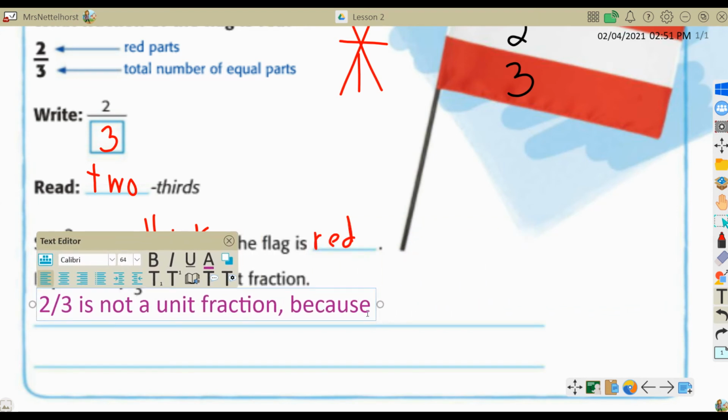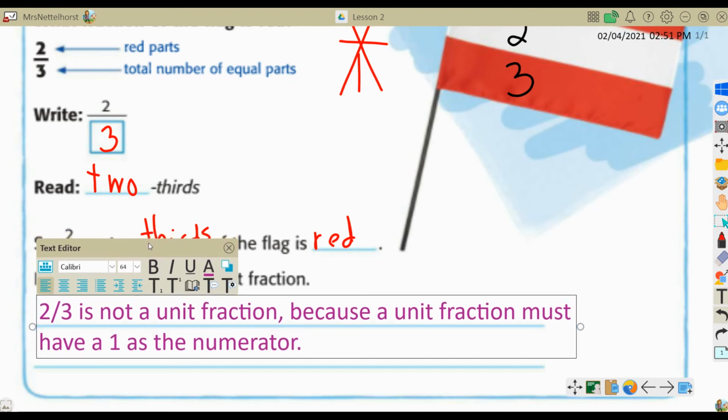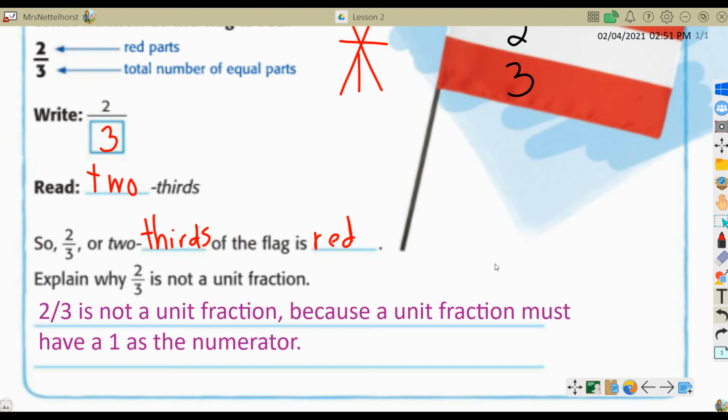A unit fraction has to have 1 as the numerator because a unit fraction must have a 1 as the numerator. Okay, it's not talking about 1 part of the whole, it's talking about 2 parts of the whole. So we have a 2 as the numerator, and a unit fraction has to have a 1 as the numerator. Okay, so there you go.